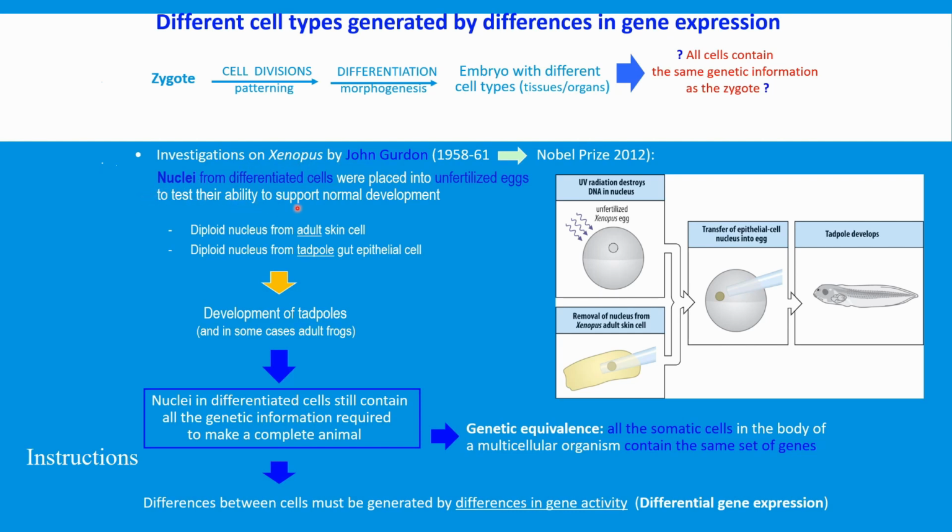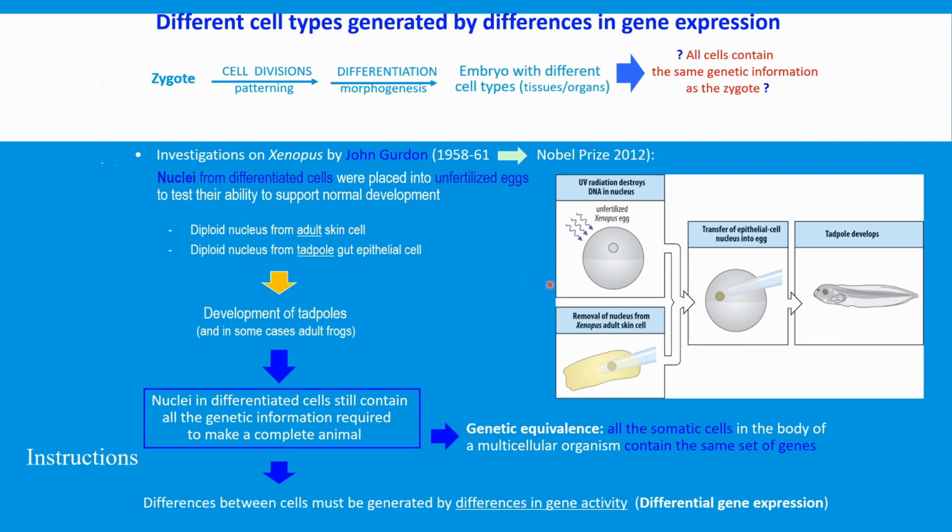So what he did was he took an unfertilized egg from the frog and he destroyed the DNA in the nucleus with UV radiation. And then he took cells from the adult animals, from either the skin or, in the case of the tadpole, he took a cell from the epithelial cells of the intestine, which were diploid, right? Differentiated cells.